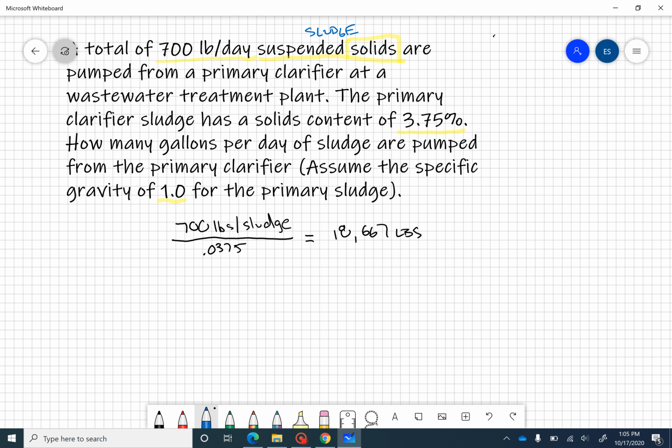So, not a well-written question, but that's what they're asking for. 700 pounds per day of sludge divided by the percent solids is going to give you pounds of sludge.